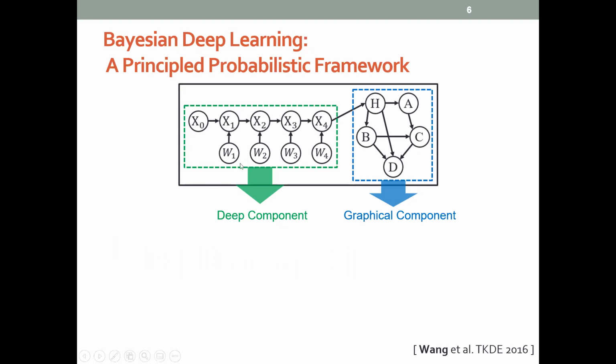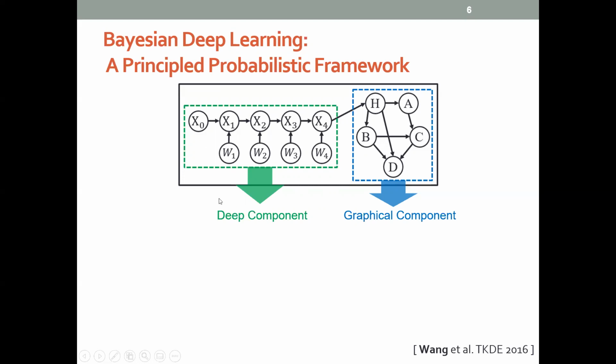This deep neural network will help us automatically extract useful features from the items or from the users. And you can think of the graphical component as describing the relationship between the user factors, the item factors, and the ratings.